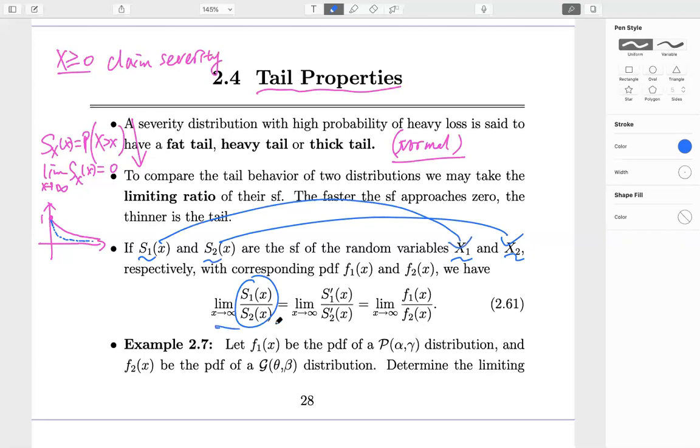Of course, as x goes to infinity, both will approach 0, so you have the 0 over 0 case. One thing you can do is apply L'Hospital's rule, meaning you differentiate both and study the limit of the ratio between the derivatives. So that is the ratio of the PDFs.